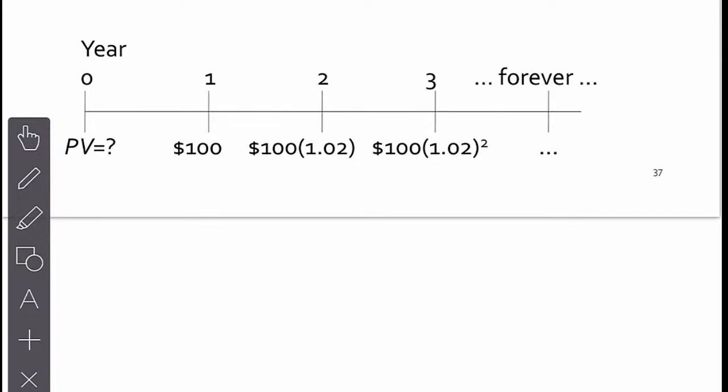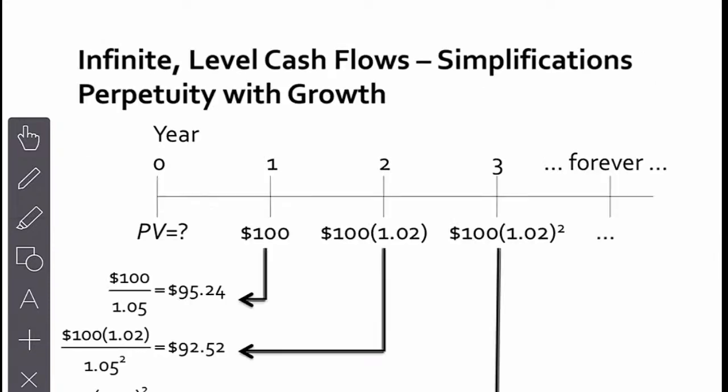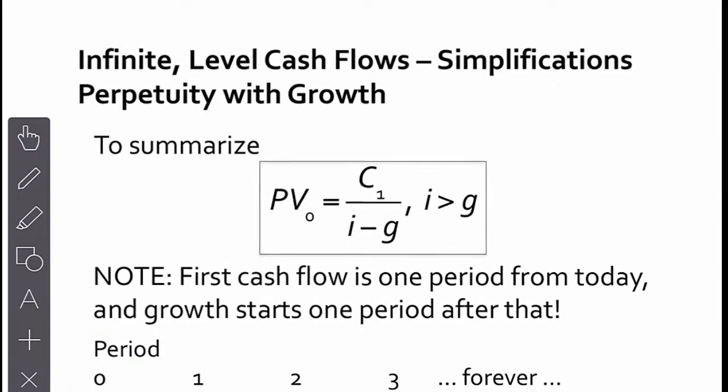So for a growing perpetuity, since we don't want to use the NPV formula and forever enter values, instead we modify the formula that we already have for a perpetuity. And what is the idea?